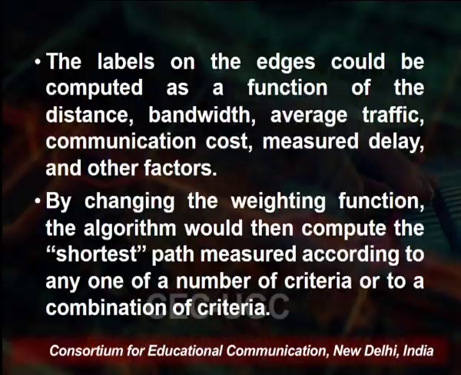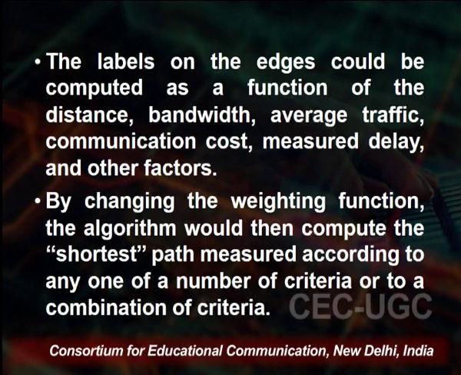Here we are looking for the fastest path, and the labels on the edges can be computed, as one example I have given, as a function of mean delay. This could be a function of distance, bandwidth, average traffic, communication cost, delays and other factors. By changing these weight functions of the edges, the algorithm would then compute the shortest path.